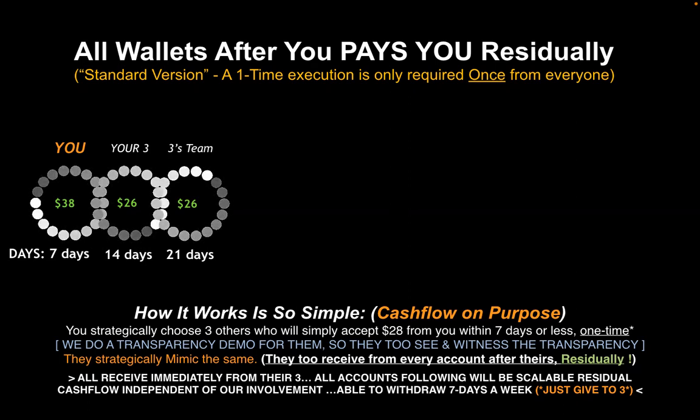Watch what happens, though. As a consequence, it raises your 3's money to 38 in residual monthly cash flow. It also raises your money up to 87 in residual monthly cash flow. What else did you and your 3 do? Nothing.